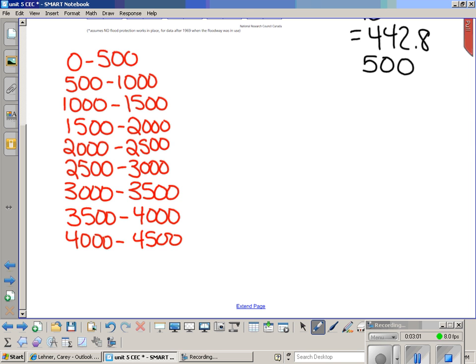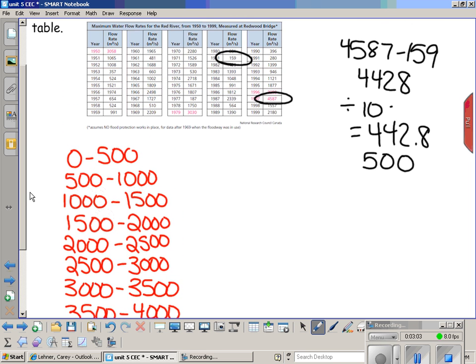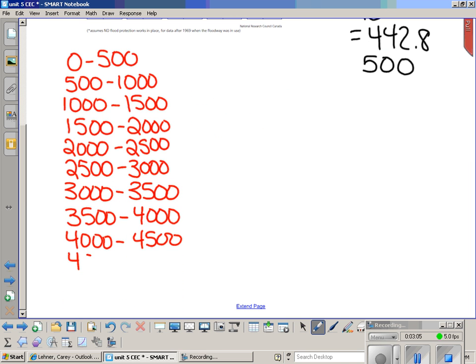And we needed 4,587, so we need to have one more interval on here. So these are all our intervals.